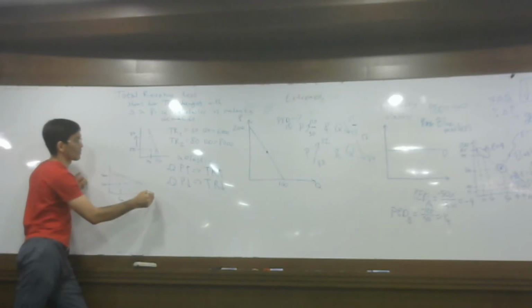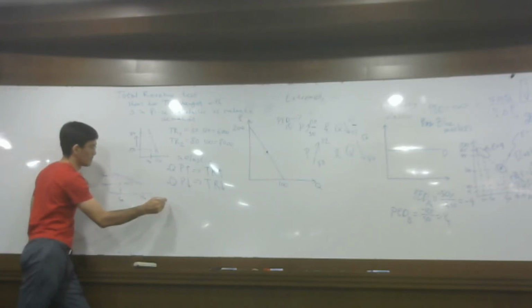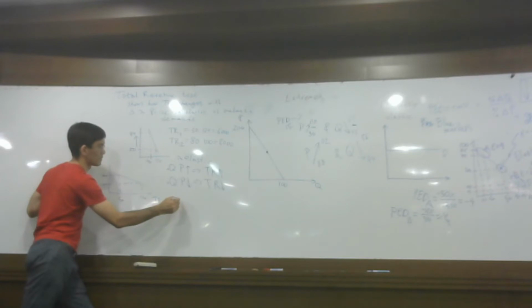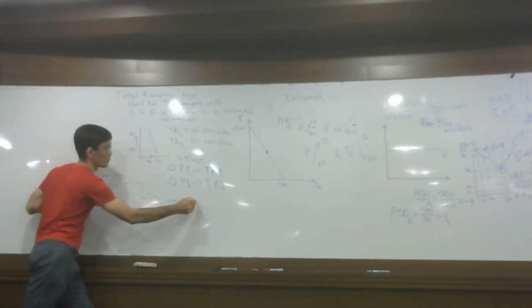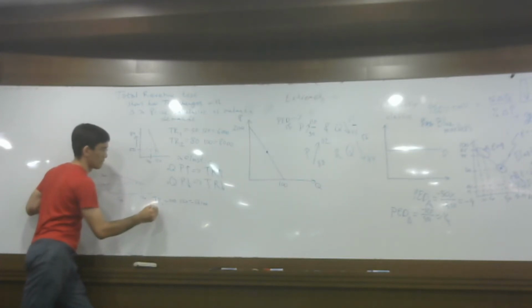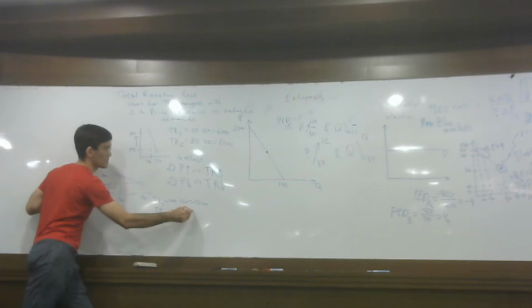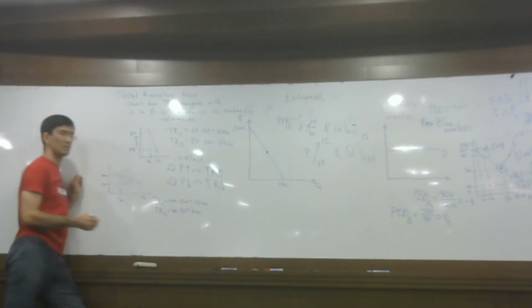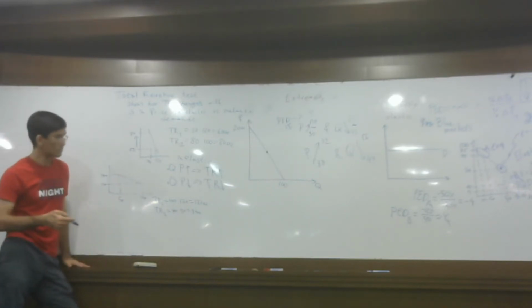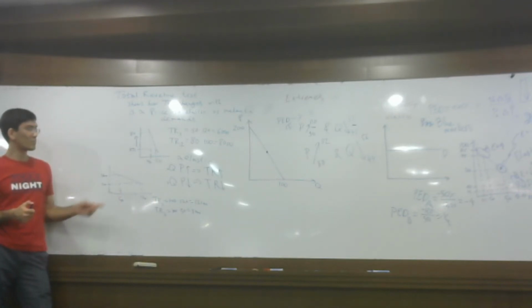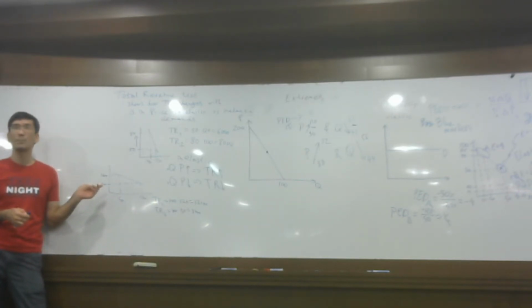So originally total revenue is 100 times 120, which is 12,000. Yes. And total revenue after the new price change is 160 times 50, which is only 8,000. Right? So you see total revenue drop in this case with a higher price.